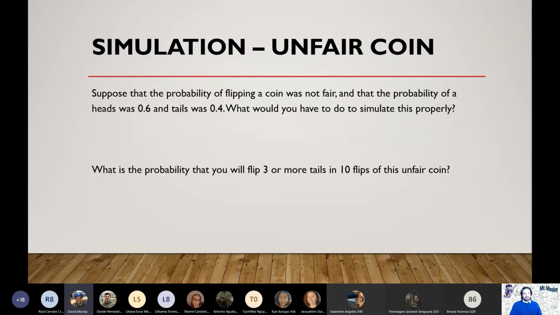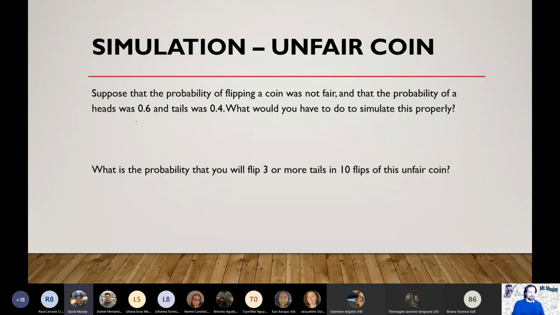Okay, and so what we get here is, again, an unfair coin. So simply flipping a coin, like if you pull a coin out of your pocket and flip it, which would be a fair coin, isn't going to work for this simulation anymore, right? So what we have to do is come up with another way of measuring success or failure within this simulation.